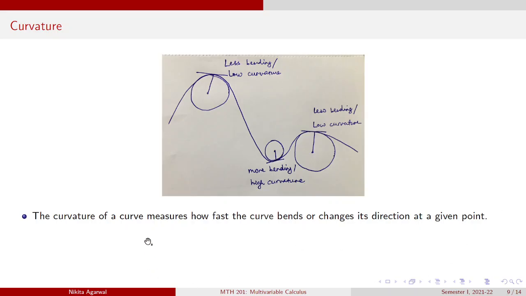The curvature of a curve measures how fast the curve bends or changes its direction at a given point. If you look at this picture on this slide, this is the curve under consideration. I've taken 3 base points and drawn these circles here, right? What are these circles?